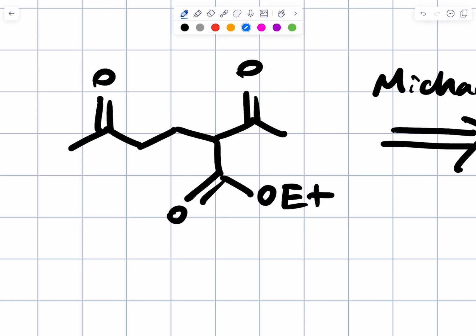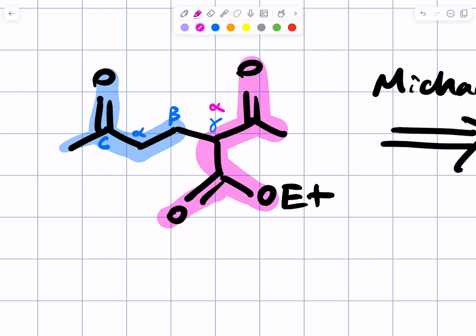If I say this portion here was the electrophile, and this gamma carbon is the same as the pink alpha carbon, that would mean that this portion is my alpha beta unsaturated carbonyl compound, and this is my enolate, right?